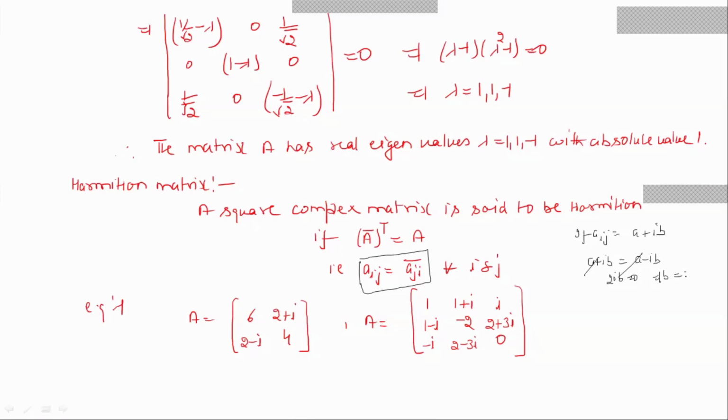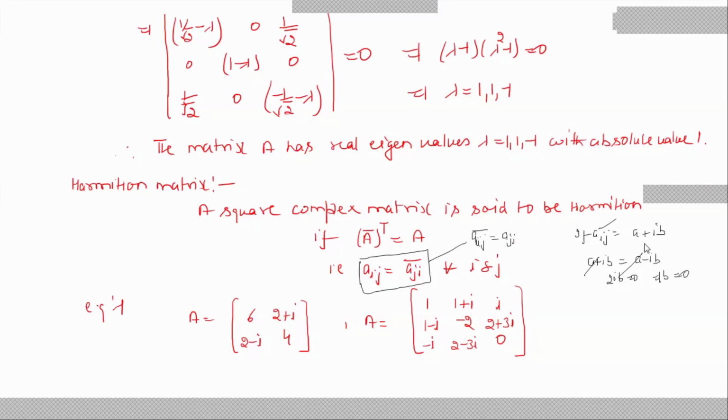This implies B is equal to 0. So in Aij, B should be equal to 0. Then Aij is equal to the conjugate of Aji. This also implies the conjugate of Aij is equal to Aji. Suppose Aij is equal to this, then what is Aji?